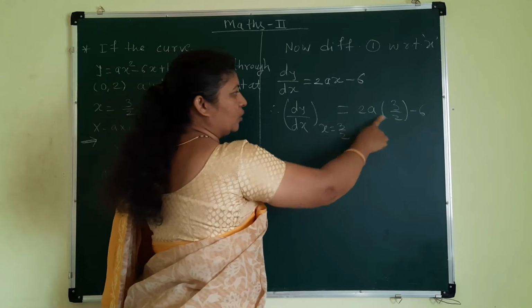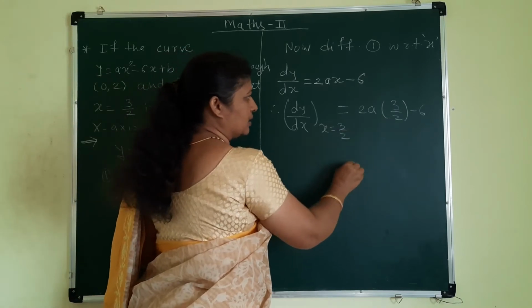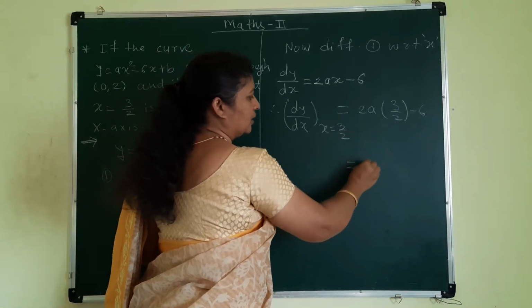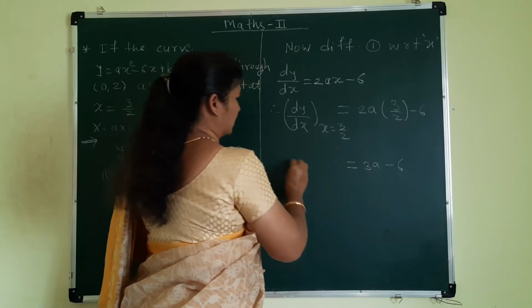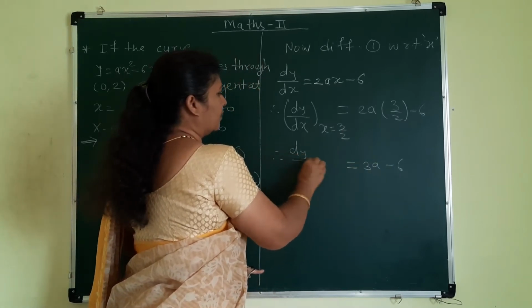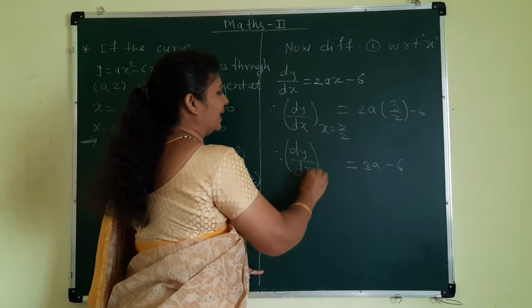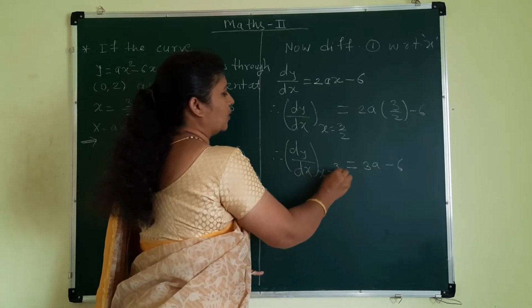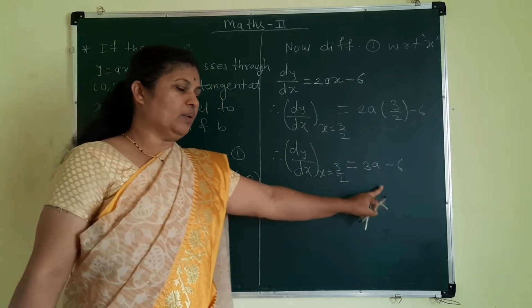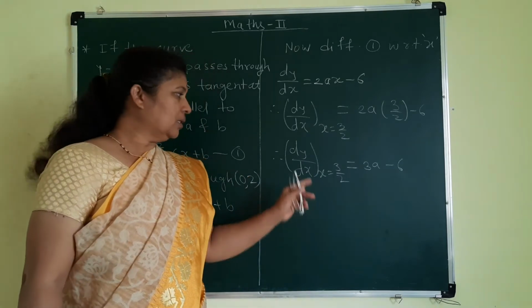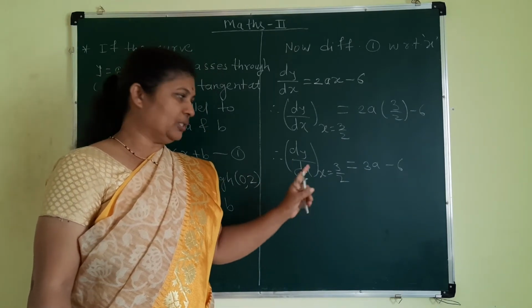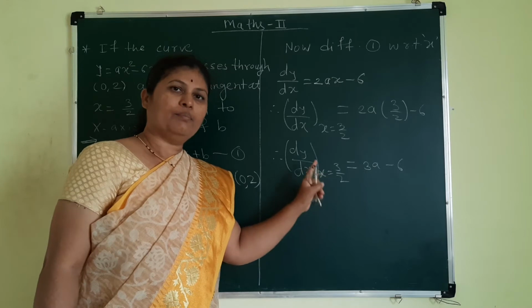This is nothing but, 2 will get cancelled, so this is 3a minus 6. Therefore the value of the derivative at x is equal to 3 by 2 is nothing but 3a minus 6. This will give me the slope of tangent at this point of contact.